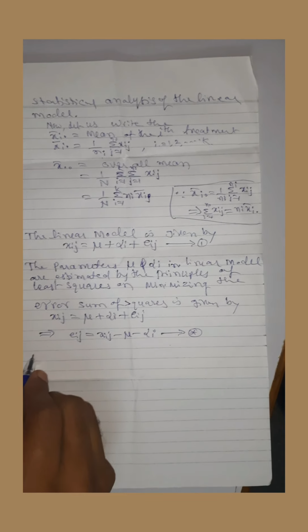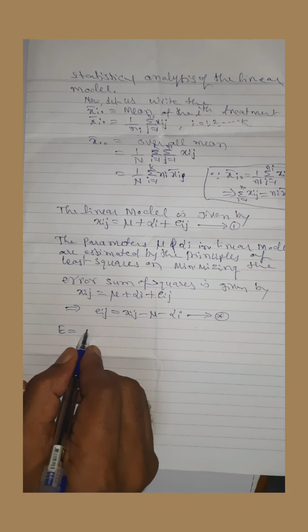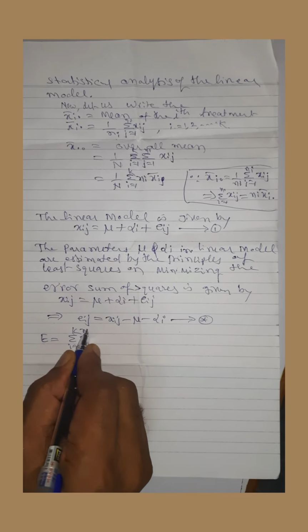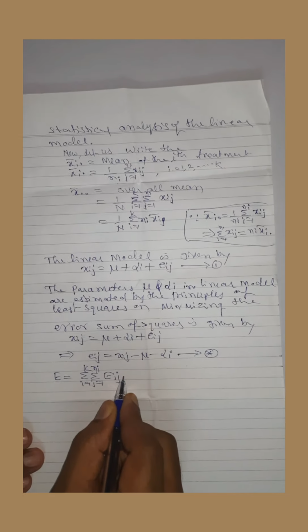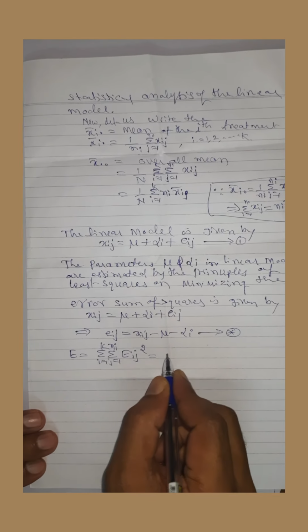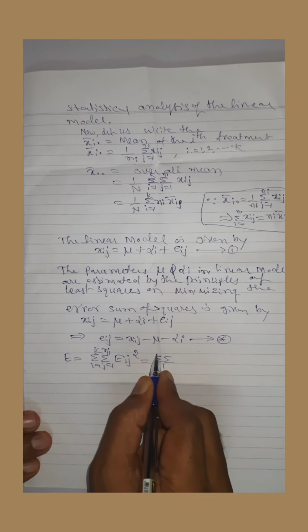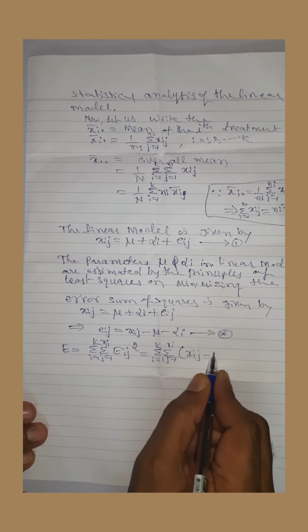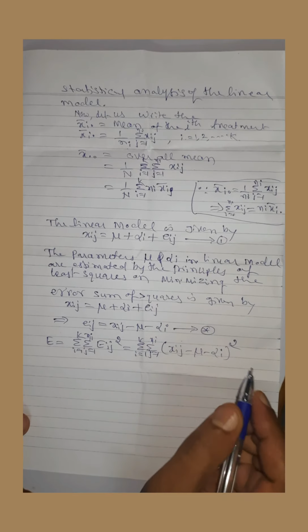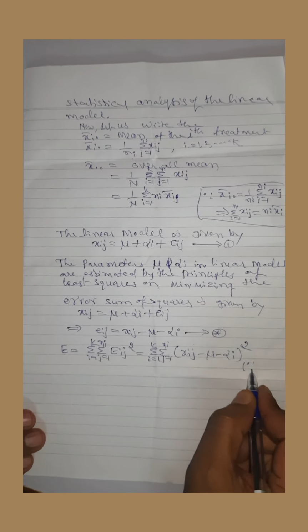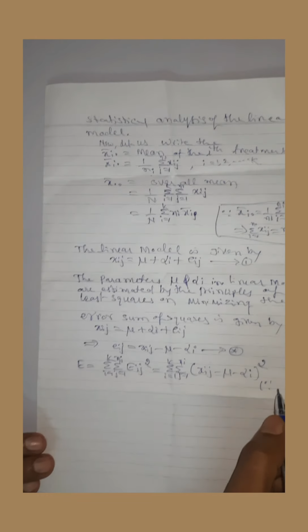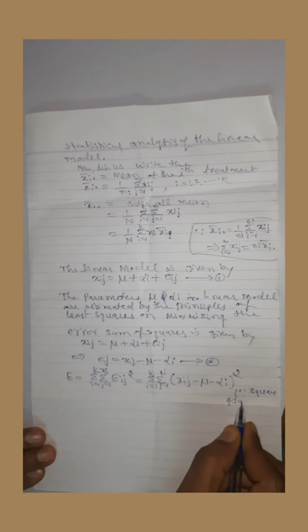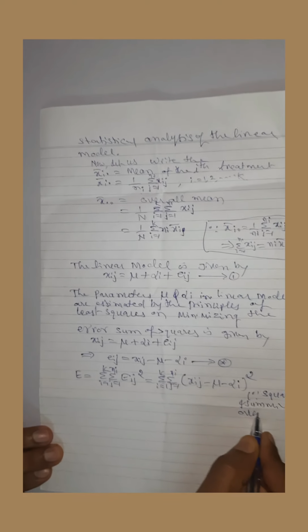Now, capital E is equal to double summation i is equal to 1 to k, j is equal to 1 to ni, eij square, that is equal to double summation i is equal to 1 to k, j is equal to 1 to ni, into bracket xij minus mu minus alpha i whole bracket square. Square and summing over i and j.